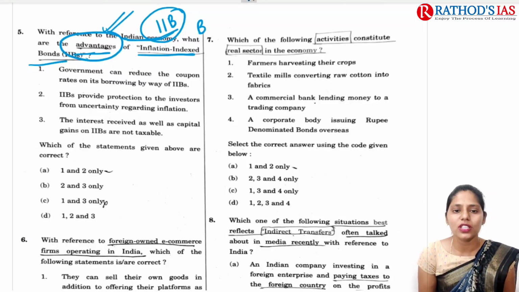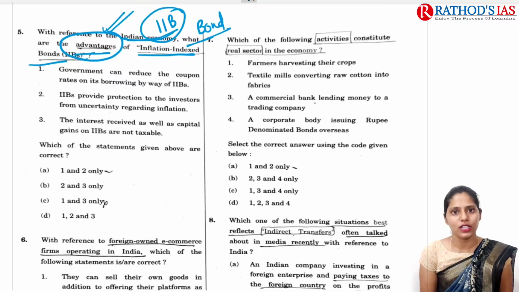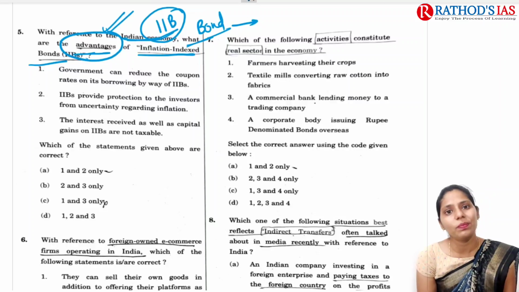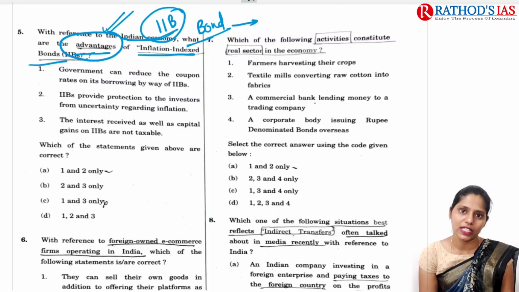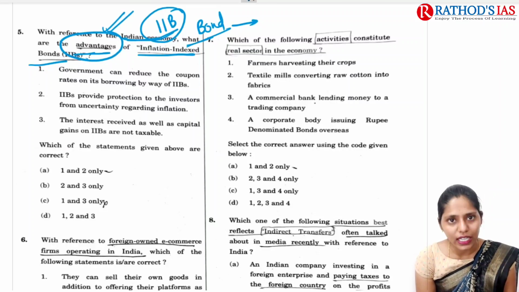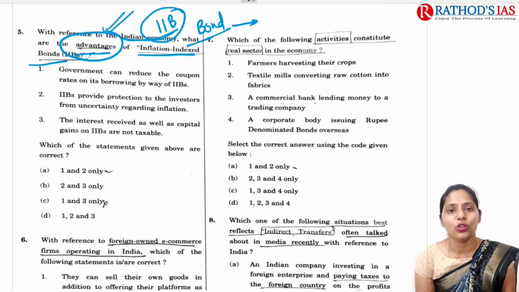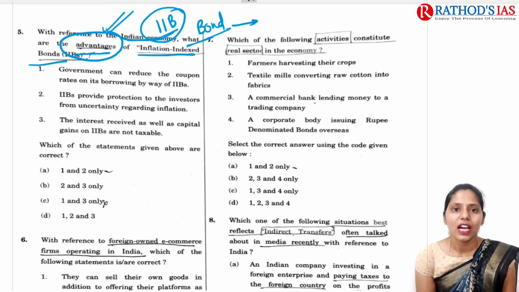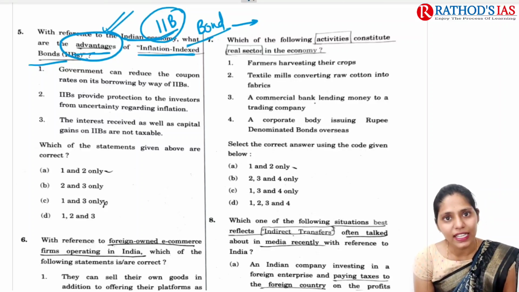As you all know, a bond is like a promissory note, right? Normally for bonds there will be some influence of inflation. But with inflation indexed bonds, there will be no influence of inflation. Because of this, investors will not be worrying about any uncertainty regarding inflation.